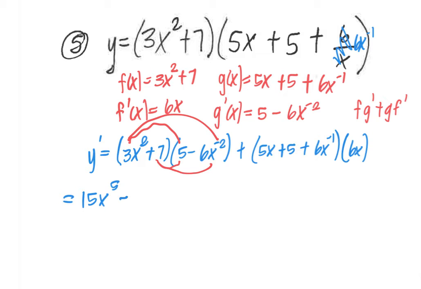That's going to be negative 18, and the x's cancel because you're saying x squared and then x to the negative 2. You're adding those together, you get x to the 0 power, which is just 1.